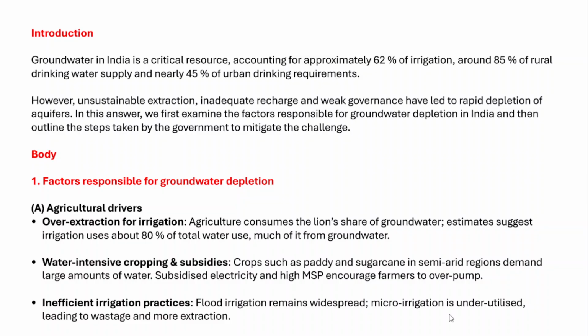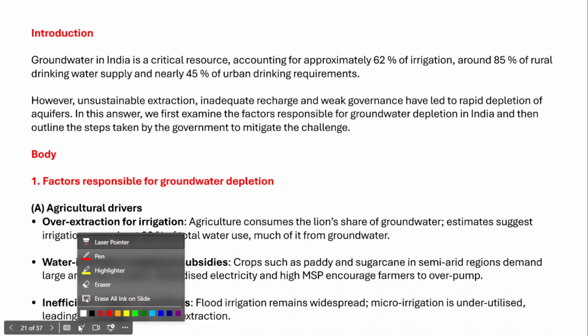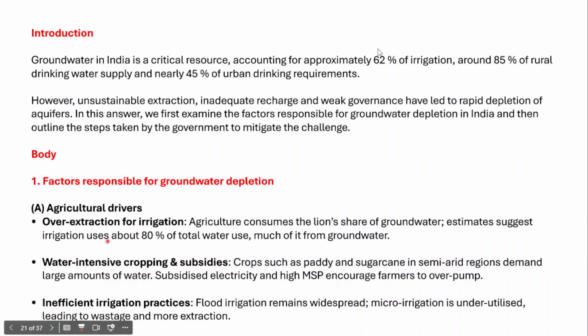As I have already told you, you need to write some important data and statistics with respect to groundwater depletion. We all know that groundwater is a very critical and important resource in India, because 62% of the irrigation is through groundwater, and 85% of rural drinking water supply is provided through groundwater.